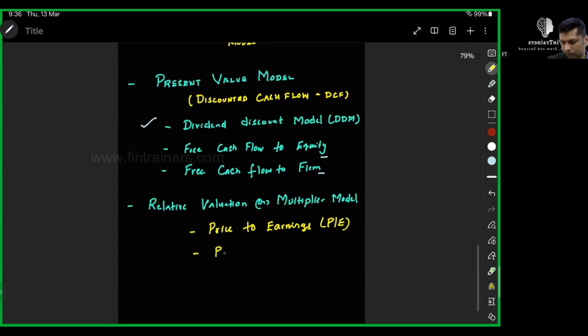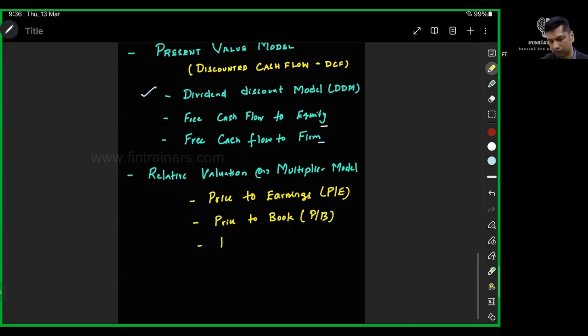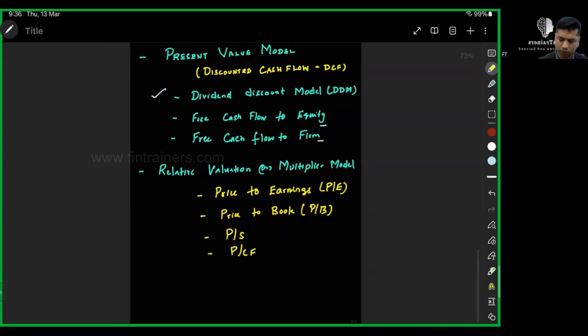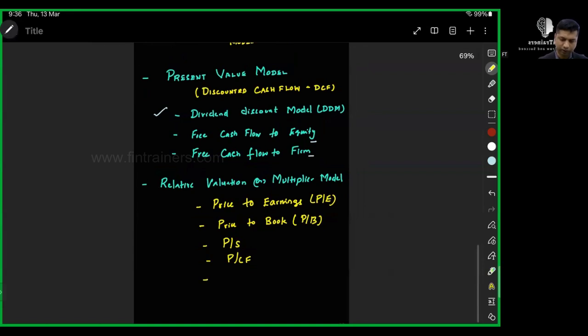But there are other ratios. Price to book. Book value is the equity in the balance sheet, or net worth. You can use price to sales, price to cash flow. A lot of metrics can be used. One overarching metric that covers both equity and debt is EV by EBITDA, enterprise value by EBITDA.